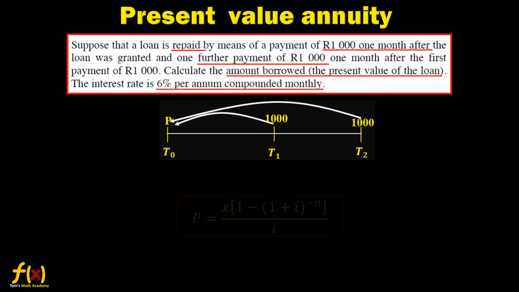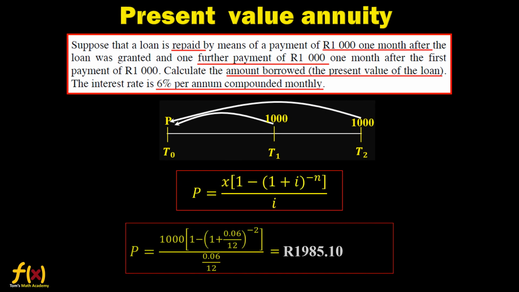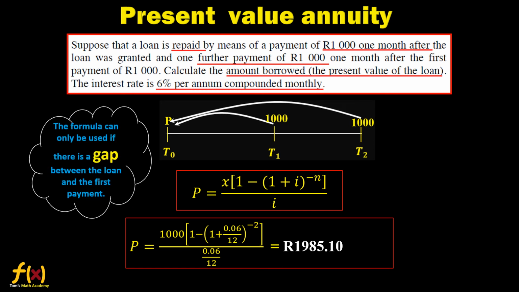Now, substituting the numbers, it is power minus n, so it is minus 2, two payments. Remember that there should be a gap from the day of the loan availability to the first payment. So after 1 month you start paying. Then we substitute into the formula and use the calculator.